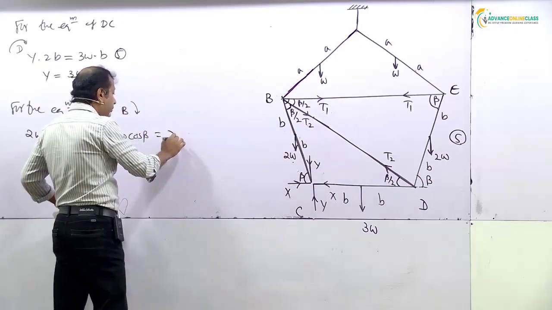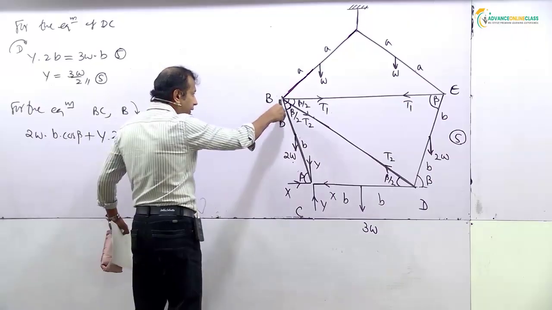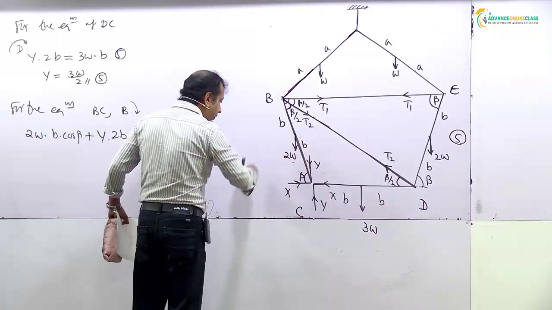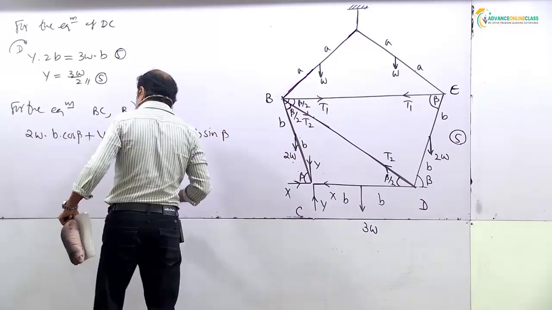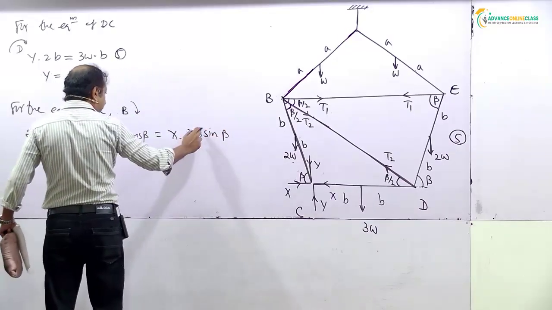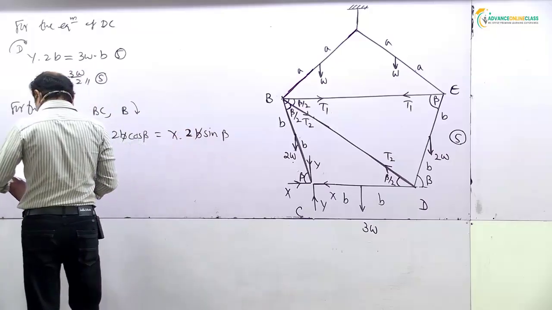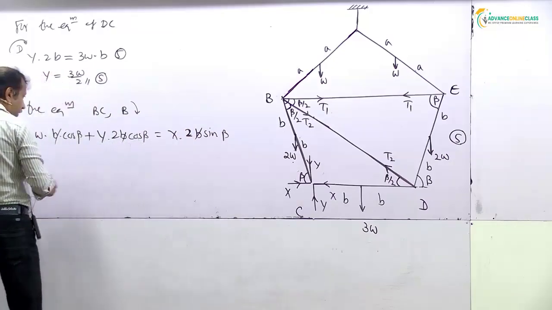This should be equal to X into this height, 2B sin beta. B you can cancel out. X we can simplify.